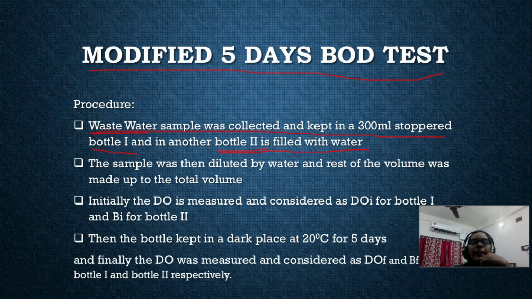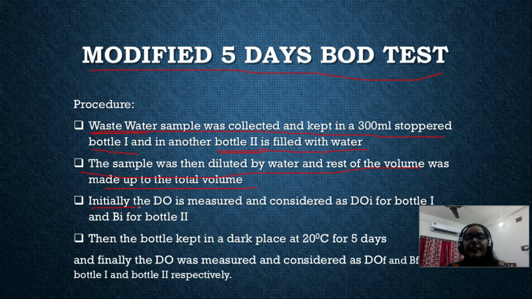Okay, next step, as usual, the wastewater sample we have taken in bottle 1 has to be diluted by adding some water. Understand? So there are two bottles. One bottle is for the wastewater and water, and another bottle, bottle 2, is filled only with water.